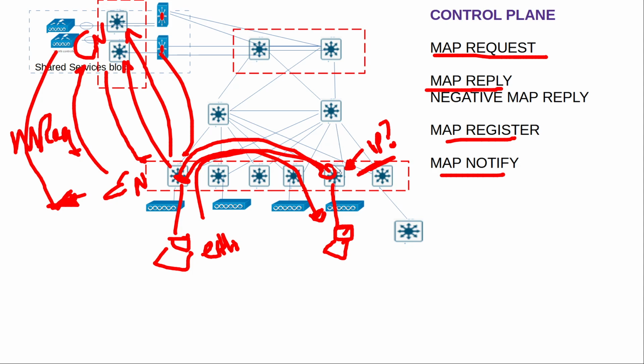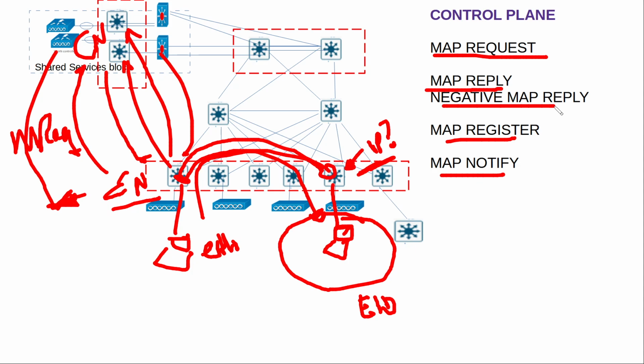But if this particular endpoint ID that this edge node is querying for is not located within the host tracking database, then the control node will send a negative map reply.